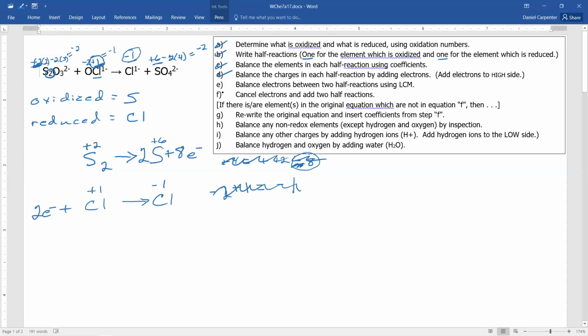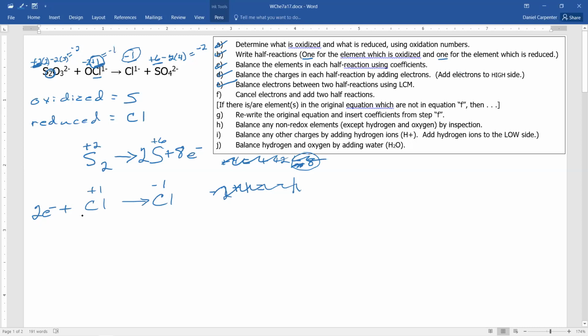All right. Step E, balance the electrons between the two half reactions using least common multiples. So the least common multiple of 2 and 8 is 8. So we have to multiply 2 times 4 to get 8.